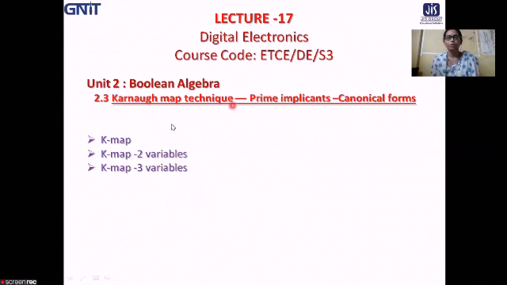So here we will be studying first about the K-maps, next is K-map 2 variables, and third is K-map 3 variable. So today's lecture will be comprising of K-map techniques, that is the minimization techniques using K-map or K-mapping, and K-map of the 2 variable and K-map of 3 variable. So let us start lecture number 17.